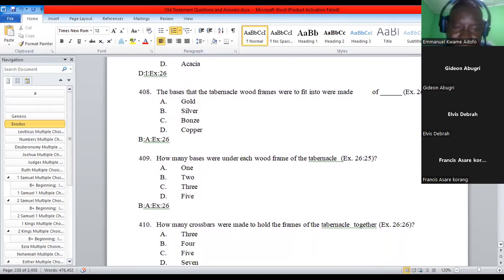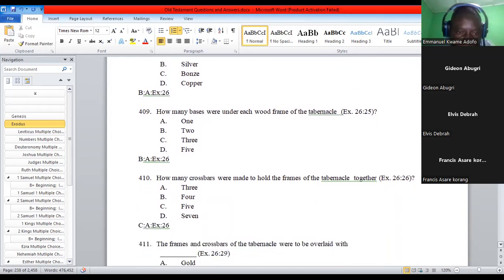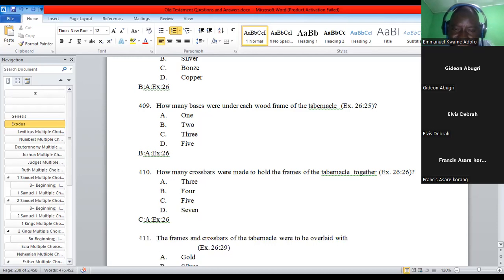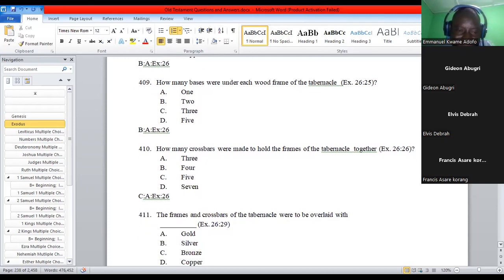How many crossbars were made to hold the frames of the tabernacle together? Verse 26. 5. The frames and crossbars of the tabernacle were to be overlaid with? Verse 29.